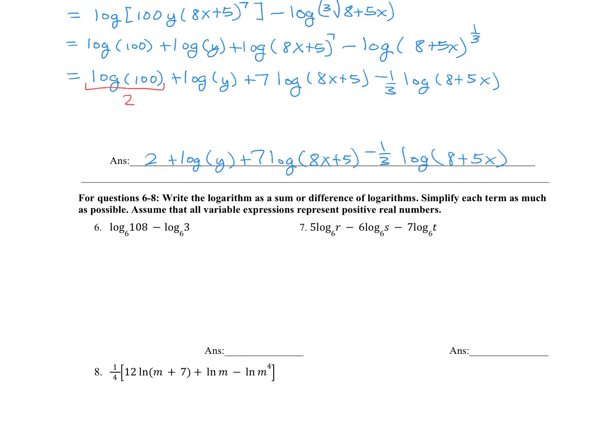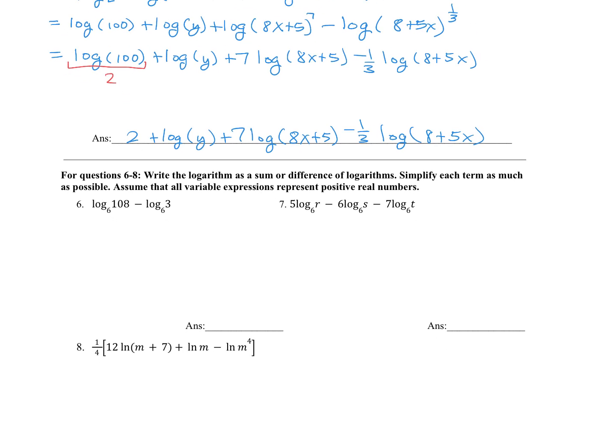So for this first problem, we're looking at the log base 6. This subtraction of 2 logs is going to turn into division. This is log base 6 of the fraction 108 over 3. And again, this is where subtraction of logs is just the same thing as the log of a quotient or a division.